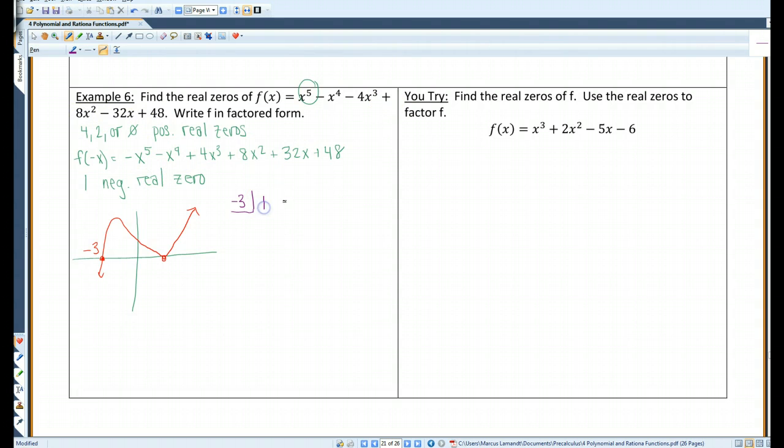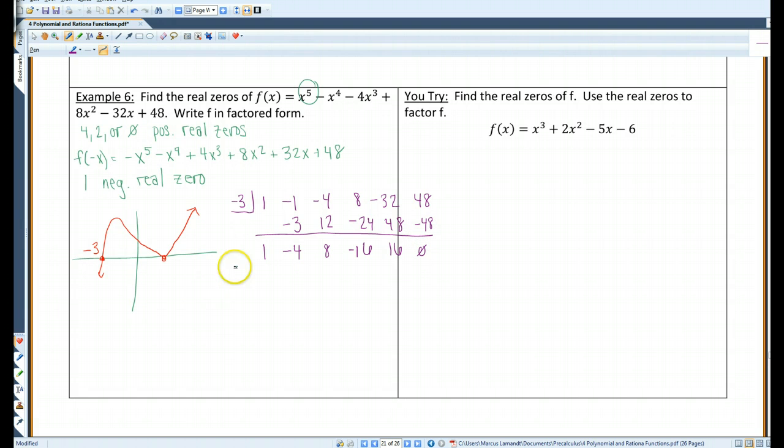So we've got positive 1, negative 4, positive 8, negative 32, and 48. Pull down the 1, got negative 3, negative 4, positive 12, 8, negative 24, negative 16, 48, 16, negative 48, and 0.